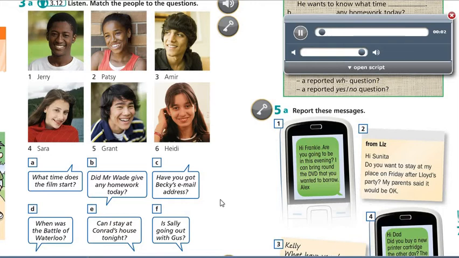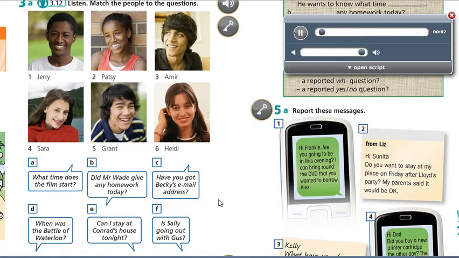She wants to know if Sally is going out with Gus. What? Why does she want to know that? She says she's just seen them together in town. Really? Well, text her back. Ask her what they're doing. Okay. 3. Amir rang just now. Oh, yes. He wants to know what time the film starts because he can't get to the cinema before 7:30. He's going swimming with his parents. Oh, well, it starts at 7.